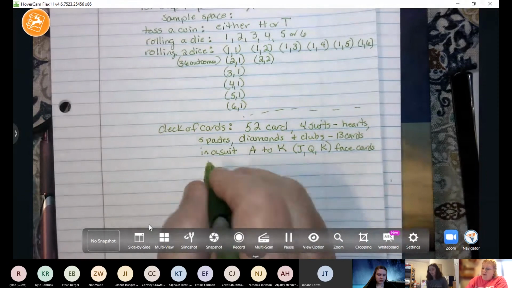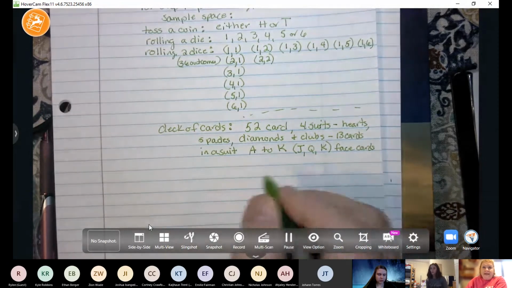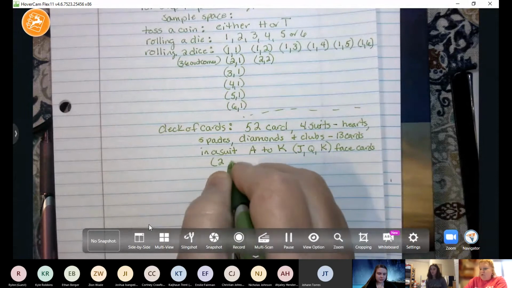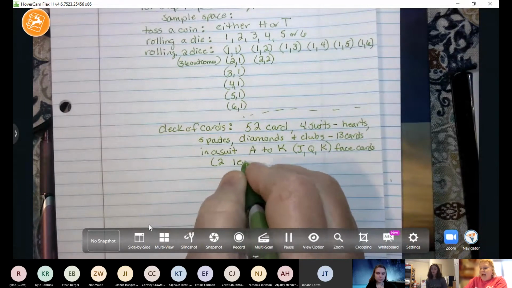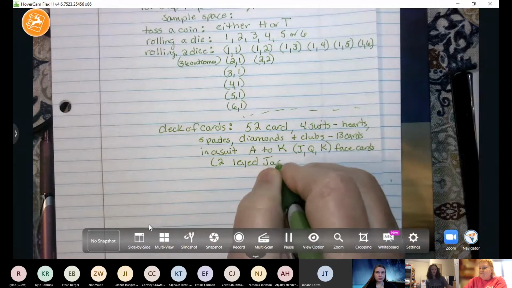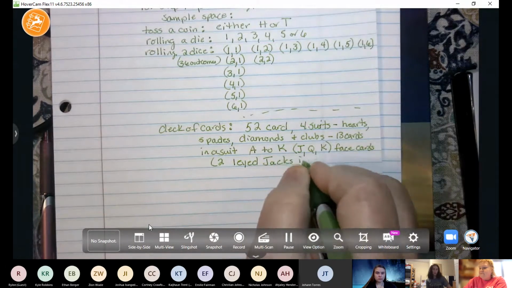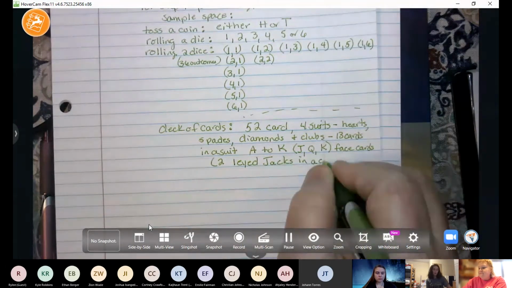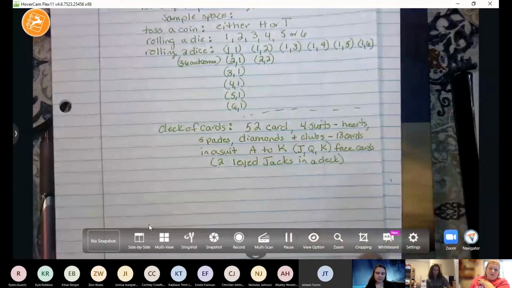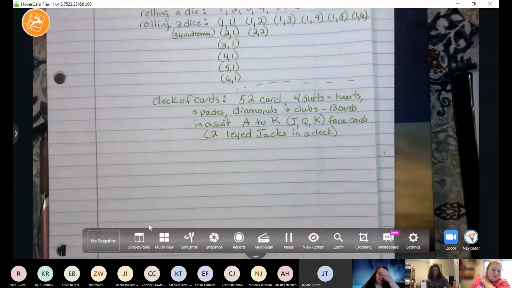There are one-eyed jacks versus two-eyed jacks, and there are two one-eyed jacks in a deck. So that might be a question that comes up in probability.